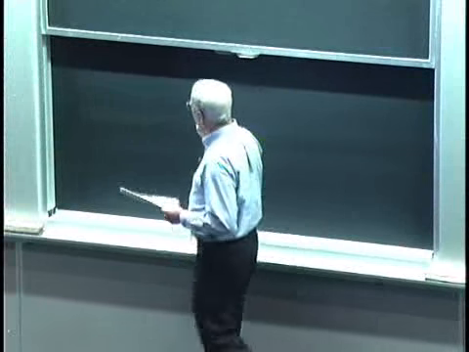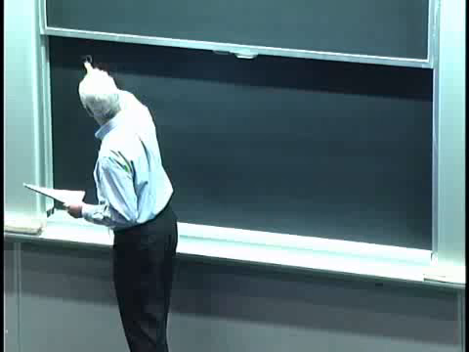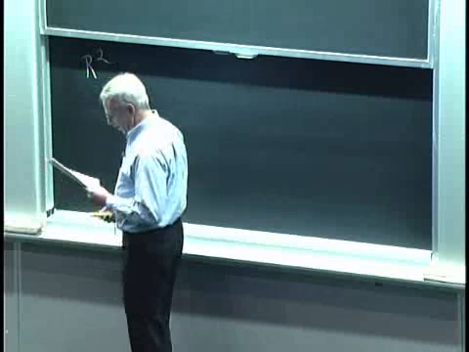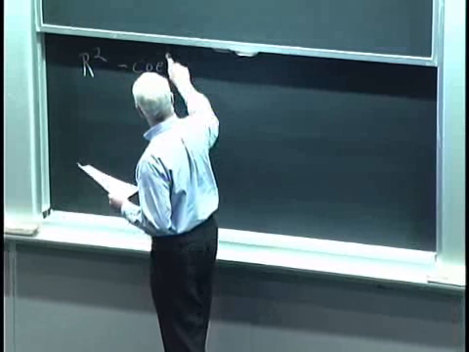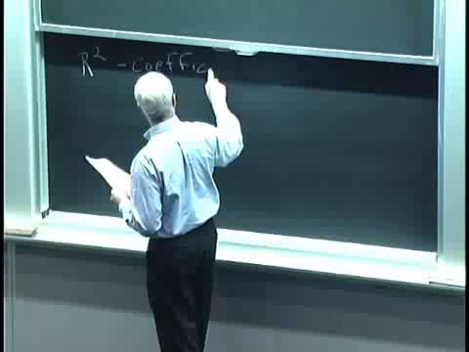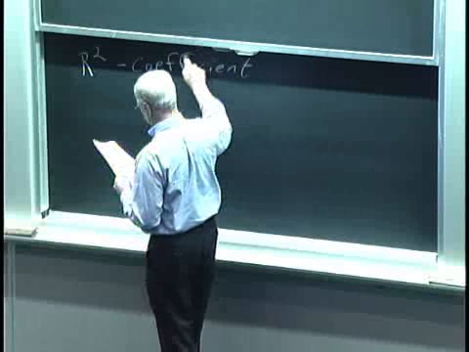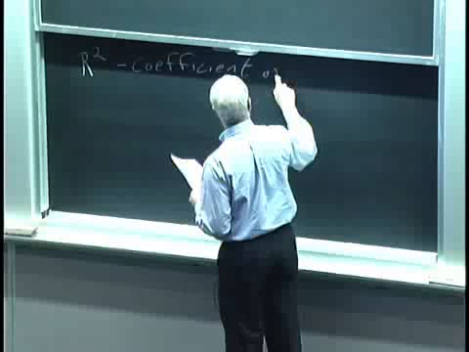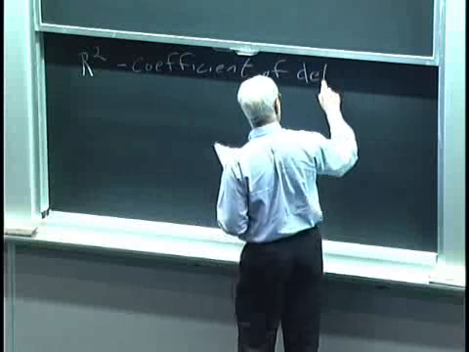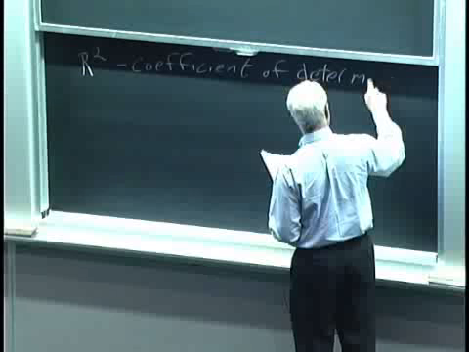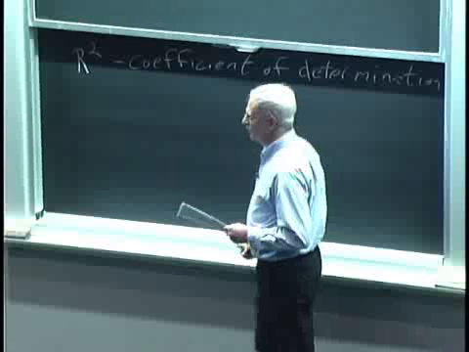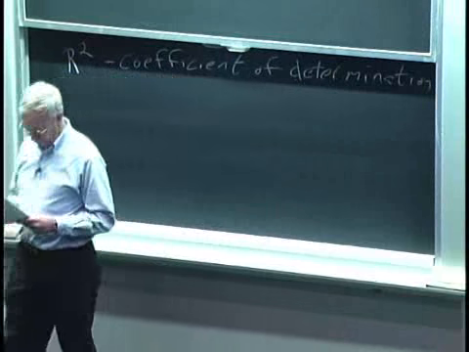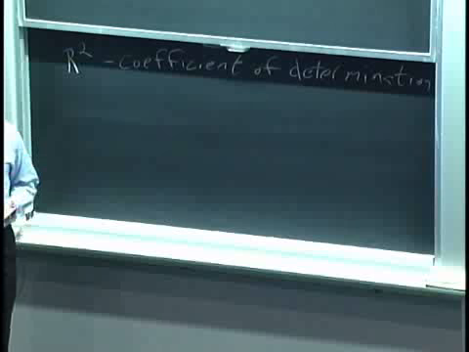And we're going to look at something that the statisticians call R squared, which in the case of a linear regression is the coefficient of determination. Now, this is a big fancy word for something that's actually pretty simple.